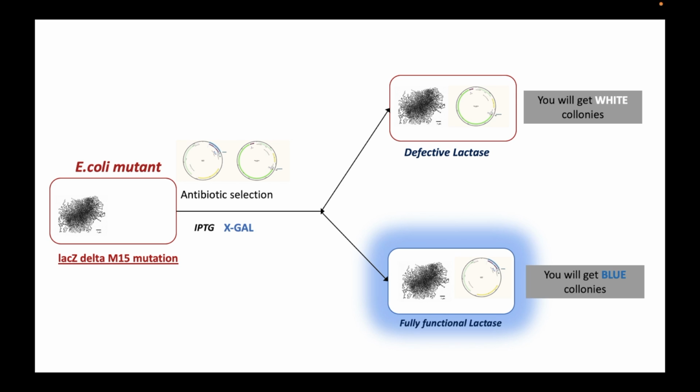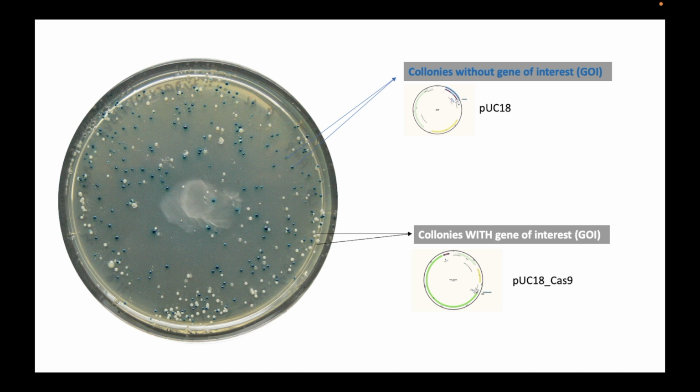You'll have bacteria that got transformed with the pUC18 plasmid that's left over from your restriction ligation reaction, which will have the fully functional lactase gene, so you will get blue colonies, and you will also get colonies with the defective lactase. Of course, they will be white because the lactase is truncated and it's unable to basically degrade the XGAL in the environment. So this is how your typical plate would look.